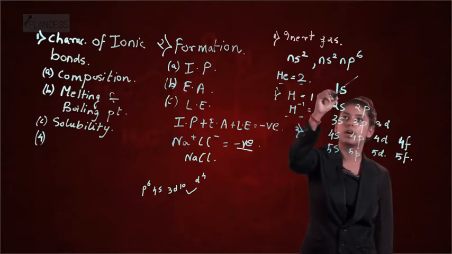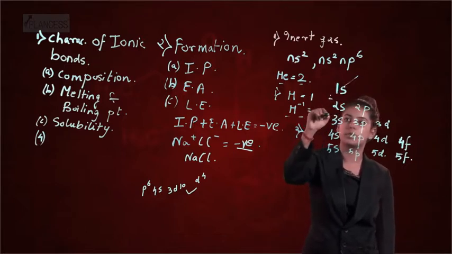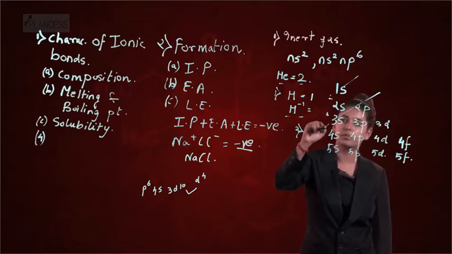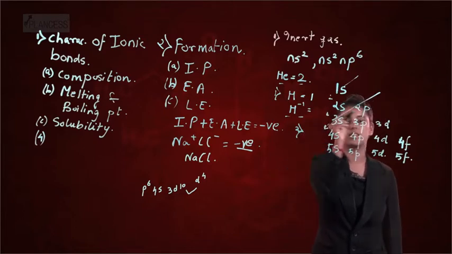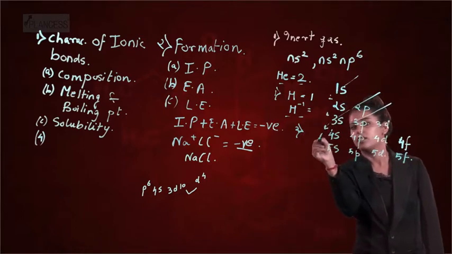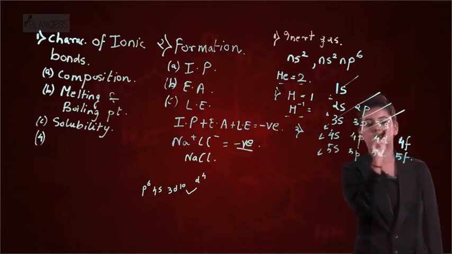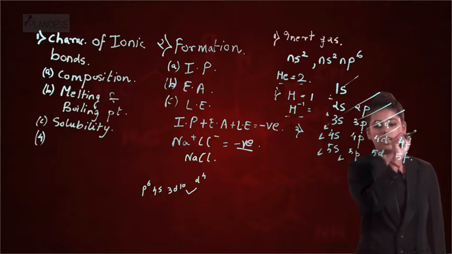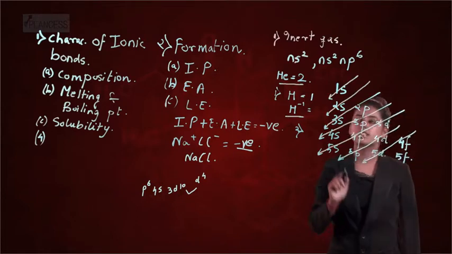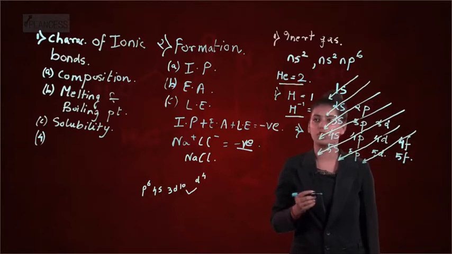First it will be 1s, followed by 2s, then 2p, 3s, 3p, 4s, and then it goes like this. So this is the pattern when you're writing the electronic configuration.